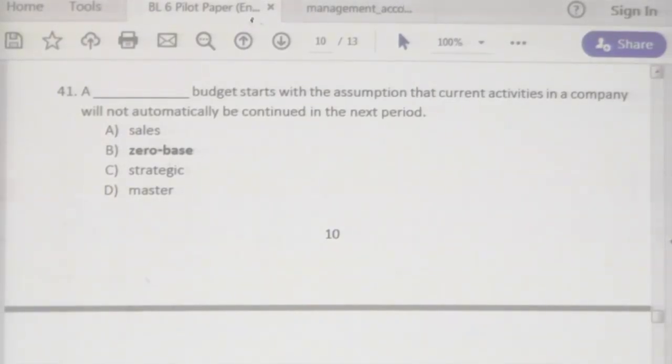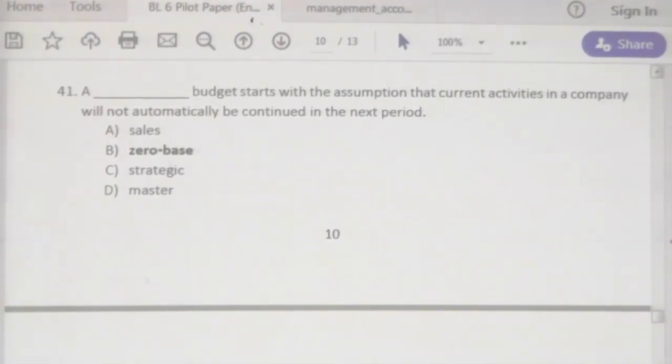That means the next year budget assumes the past year's information will continue, because you use mathematical models such as trend analysis, simple regression or multiple regression. You try to use the past pattern for the next year also. That is a traditional way of budgeting.